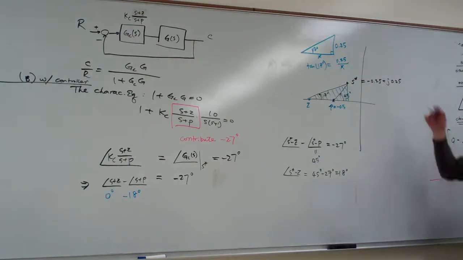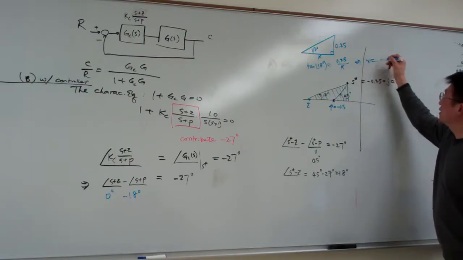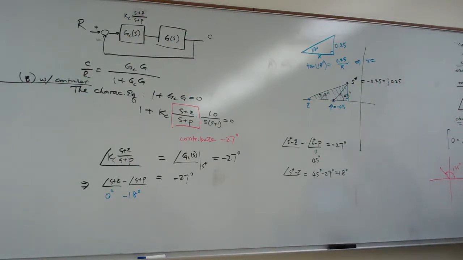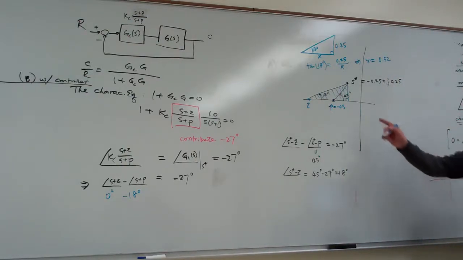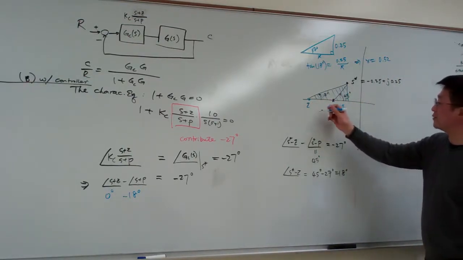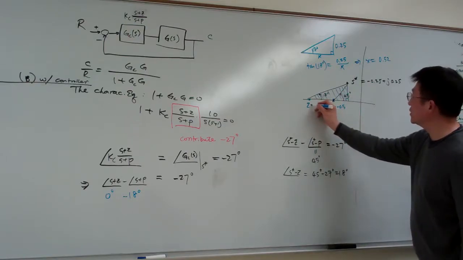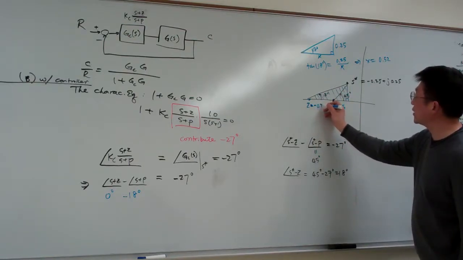From here you can determine x. That x will be equal to 0.52. So as long as you determine the distance is 0.52, from this geometry you should know this is minus 0.77.